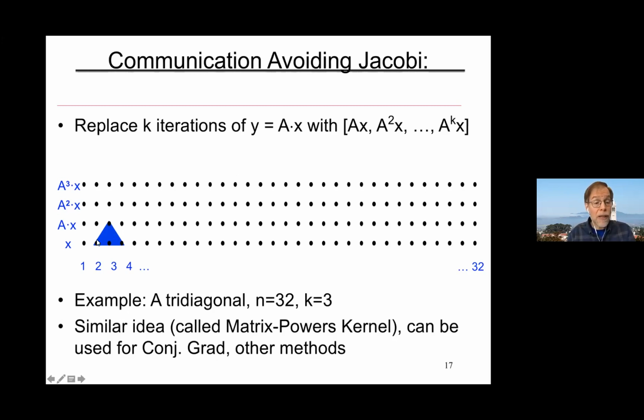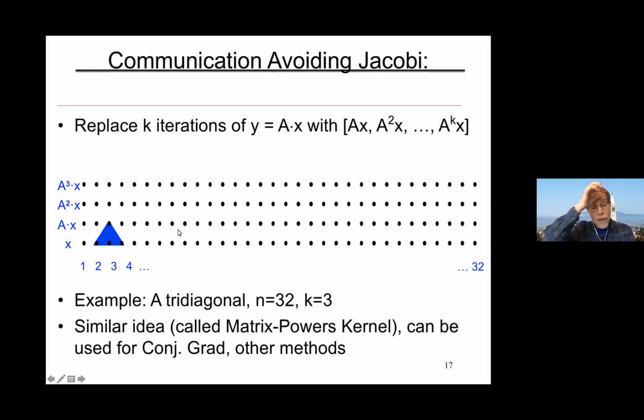Whenever I want to compute something, I need the 3 values right below it. So what do I need if I'm computing that entry right there? I need the 3 entries right below it. To compute them, I need even more entries right below, and to compute them, I need an even bigger set right there. So I need a bigger triangle, and that's implicit in all of these pictures.